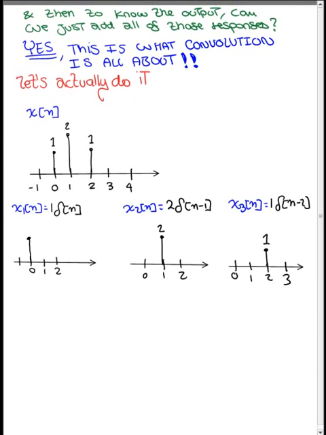Okay, so now we want to know what the responses of the system would be to these individual impulses. So let's write that. That's the question.